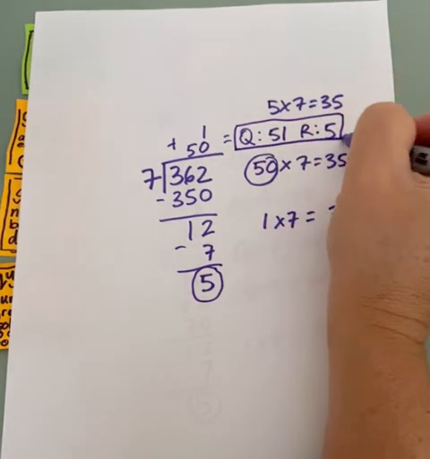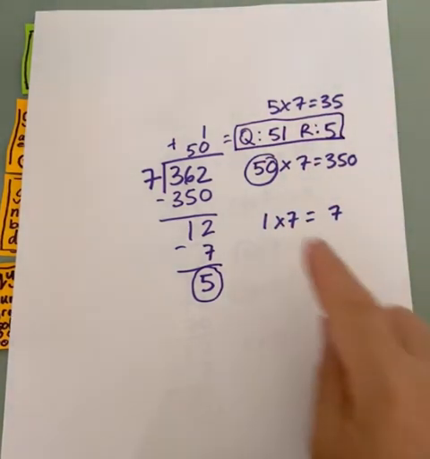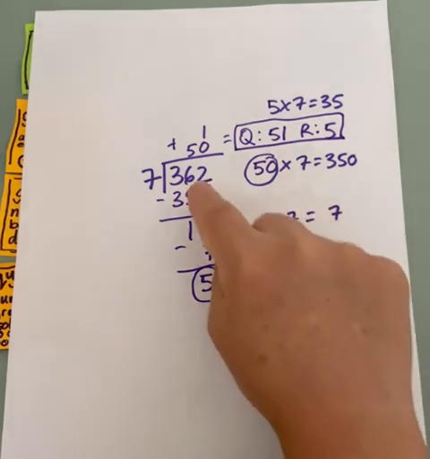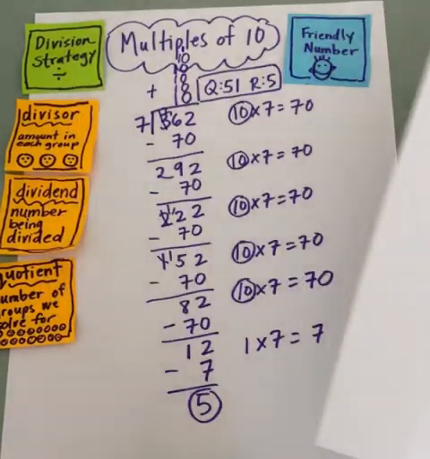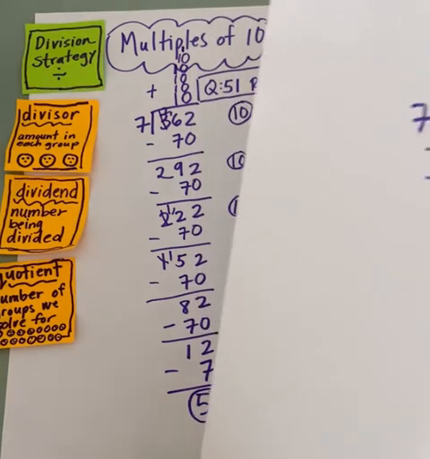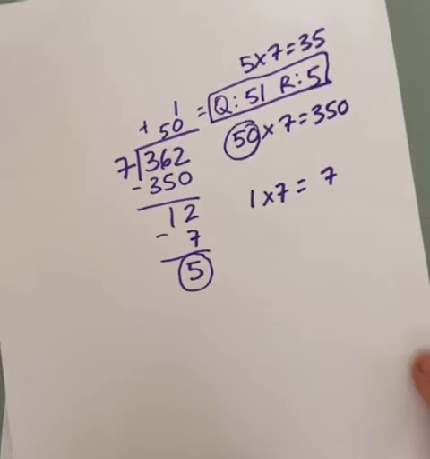So in this situation, which one was more efficient? This way, where I thought about a math fact and multiplied that by 10 to get close to the dividend, or continuing to use 10 groups of 7, or 10 groups of the divisor, over and over. What do you think? Which one was more efficient? I think this one was.